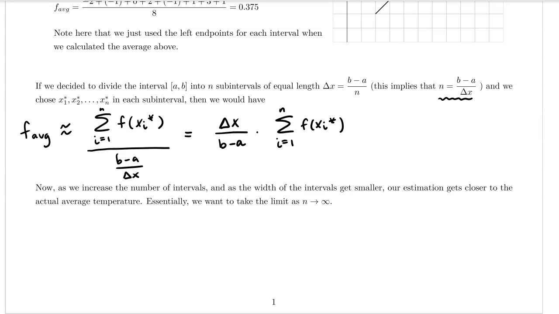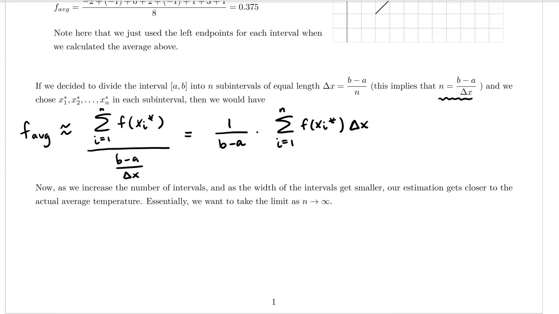Now, because delta x is a constant with respect to the summation, I can put my delta x value inside of my summation, and here I'll just put a 1. Now, as we increase the number of intervals and as the width of the intervals gets smaller, our estimation gets closer to the actual average temperature.